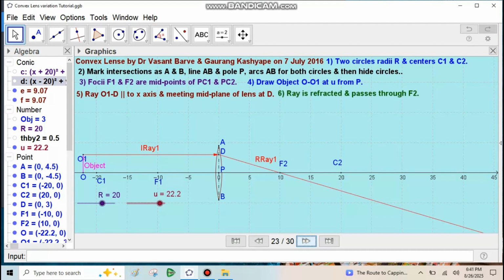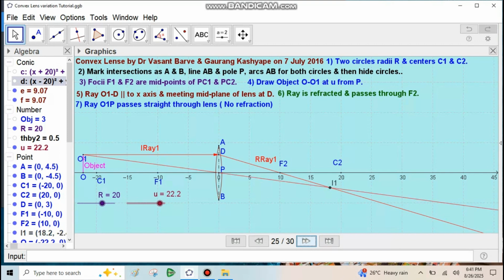Okay, so now this particular ray we have got. Now we'll see the rays refracted and processed through FD. Now we'll take one more ray passing straight to the lens, no refraction, and please note that ray would pass through P. Right.